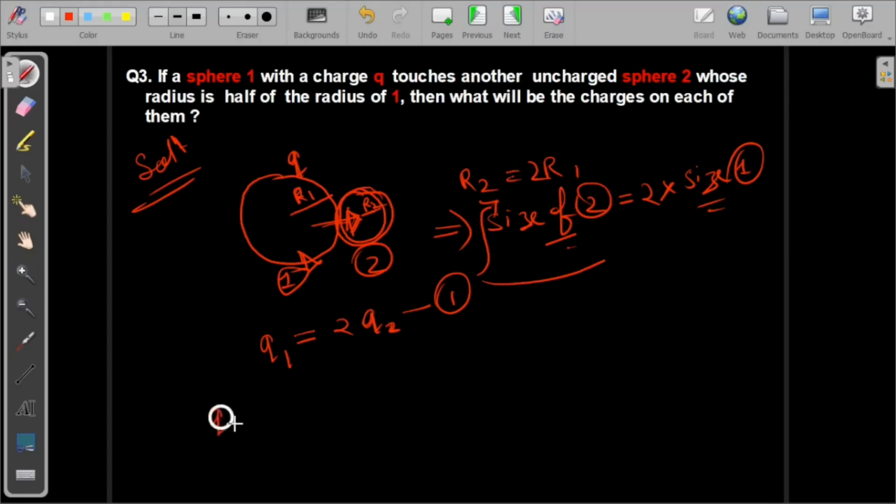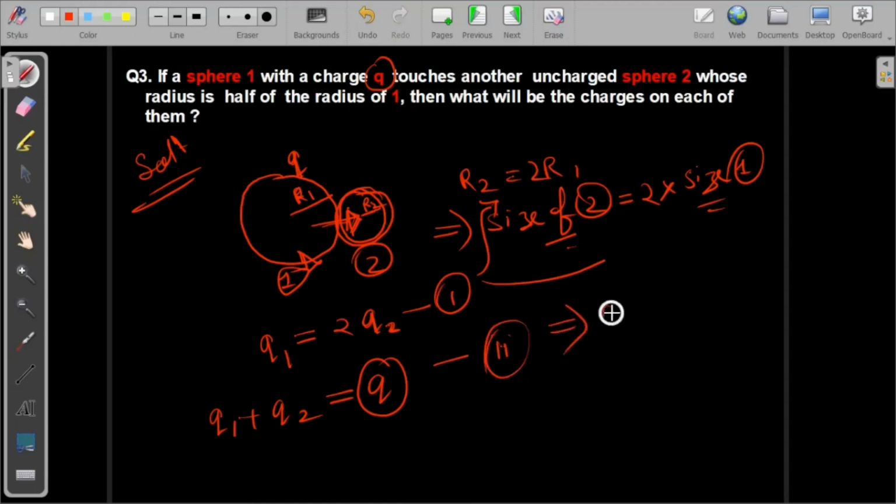Then if you add the final charges, you'll get the previous charge, which is equal to Q. So you get two equations. Solve them, then you will get the value of Q1 and Q2. What will be the value of Q2?